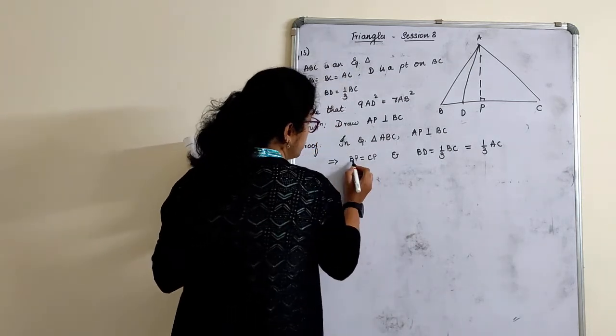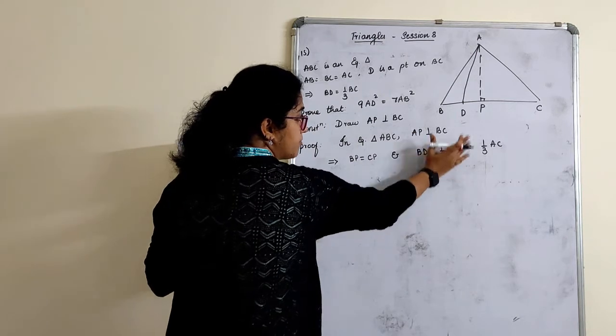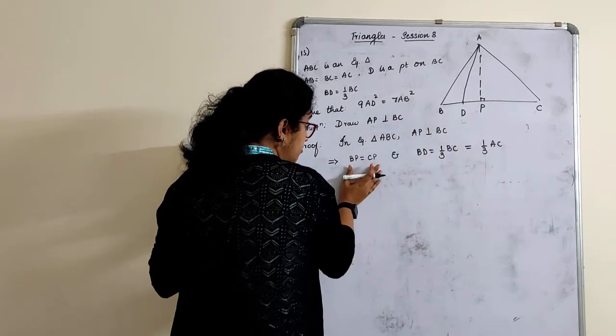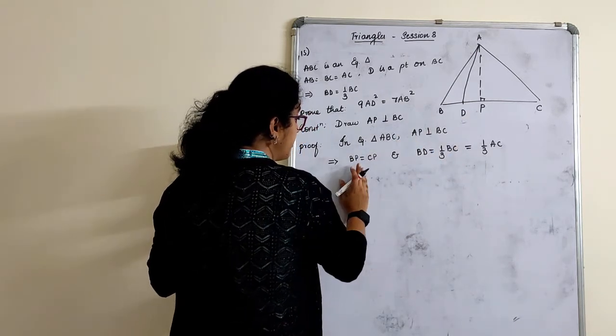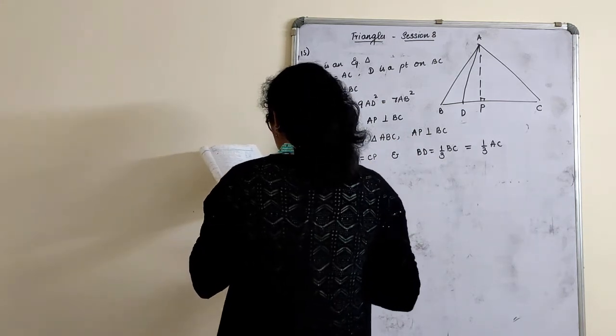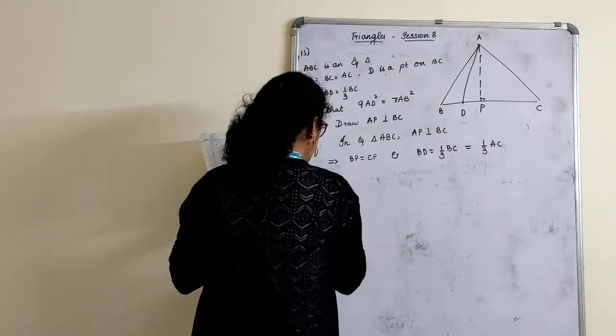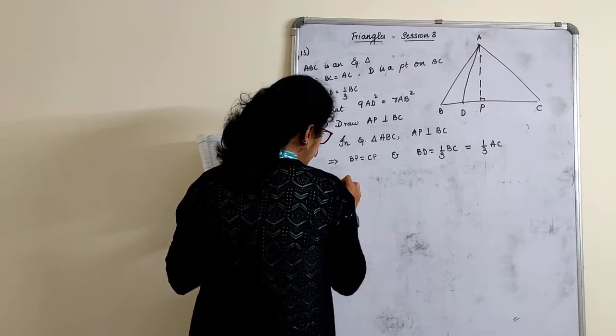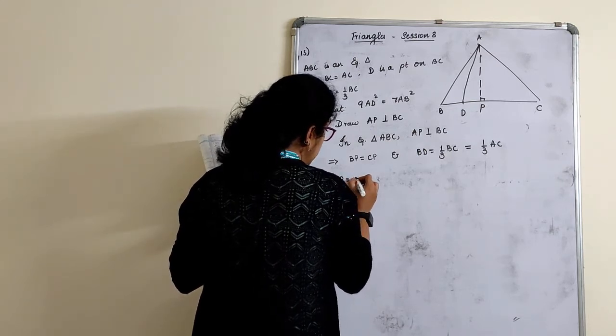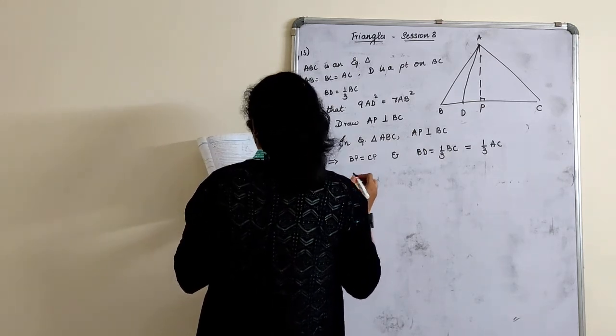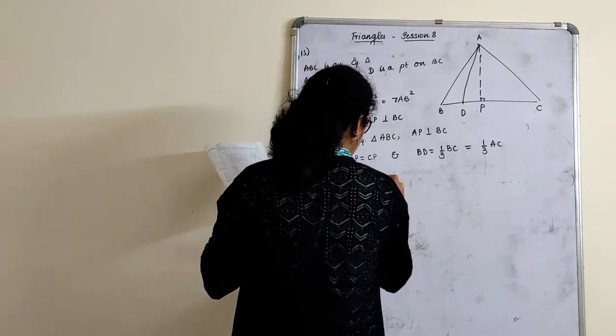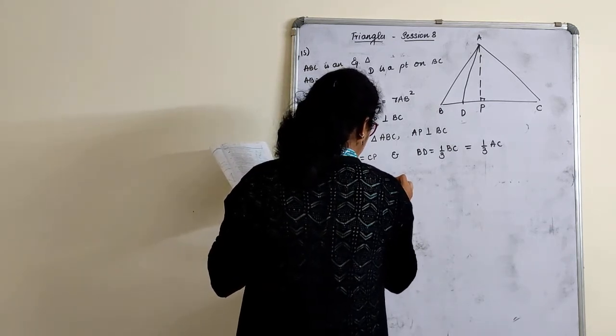So let's come to this. BD is equal to 1/3 BC, this is from the given part we have written. Now BP is equal to CP is from the perpendicular we have drawn. So this implies BP is equal to CP, which is nothing but half of BC.